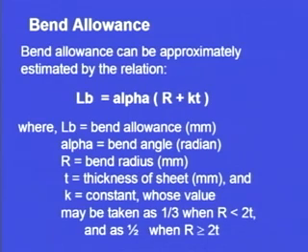And it can be taken as 1 by 2, that is 0.5, when R is greater than 2T.